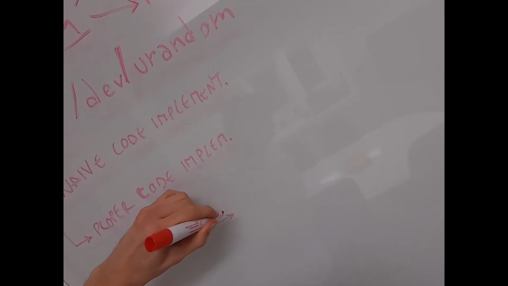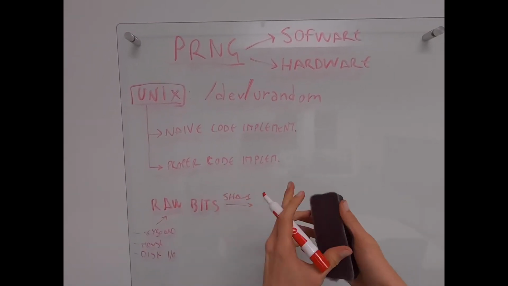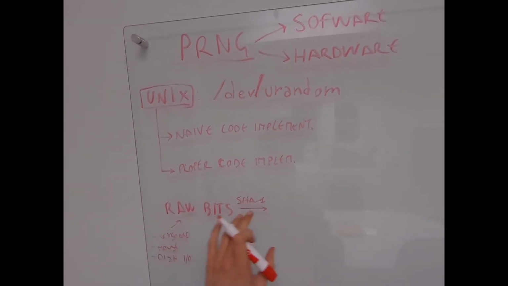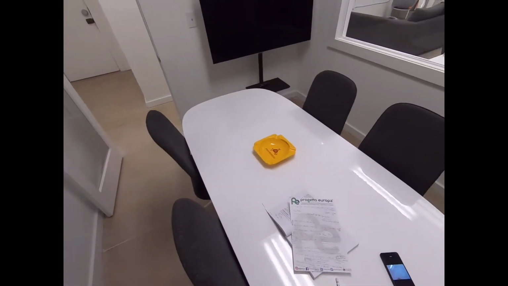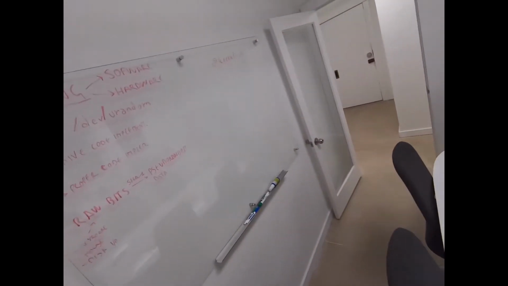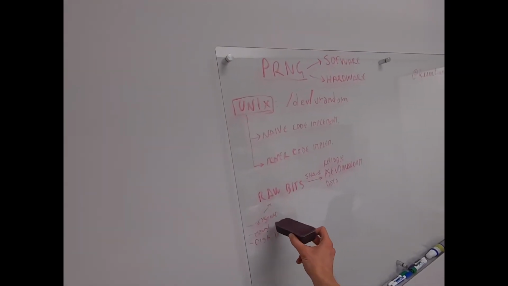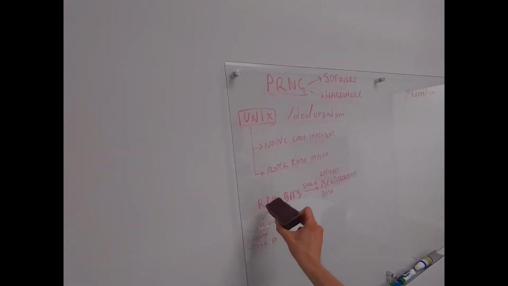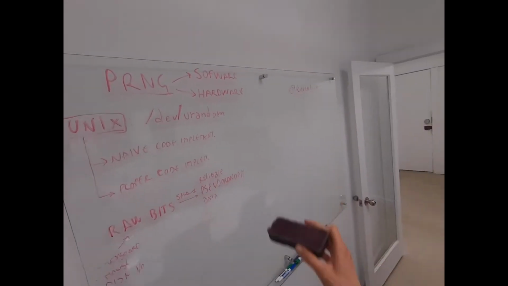A hashing function basically means you take an input, shuffle it, and create a fixed-size signature of those bits. This gives the pseudo-random data, the bits that we want, reliable. So the raw bits are sampled from sources of randomness with high entropy, and they're hashed into pseudo-random bits.